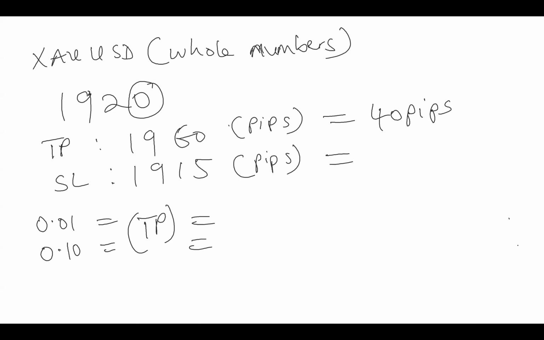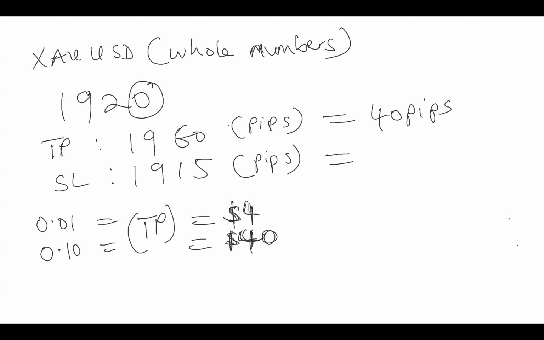It's not 160. So this is it right here. You're going to be making $4 if you're using 0.01. Now, if you're using 0.10, you're making $40, because that's a 40 pips movement.